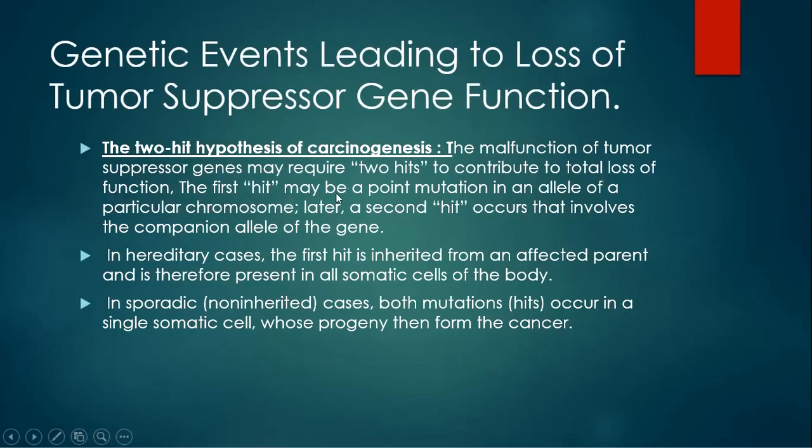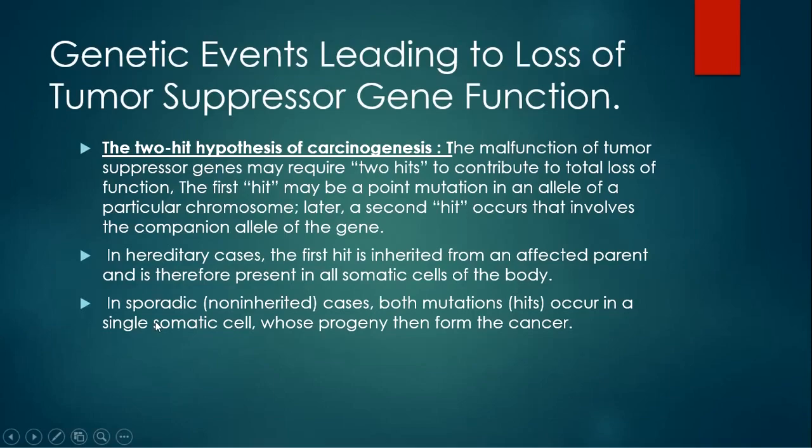The first hit may be a point mutation in an allele of a particular chromosome. Later, a second hit occurs that involves the companion allele of the gene. In hereditary cases, the cases in which the patient acquires a mutation from the parents, the first hit is inherited from an affected parent, and is therefore present in all somatic cells of the body.